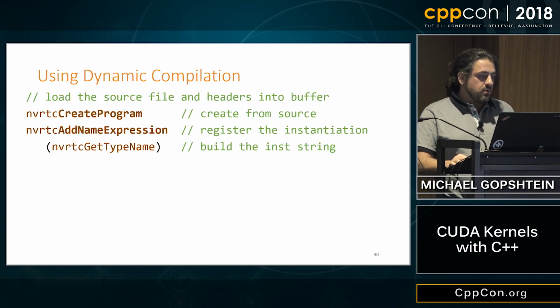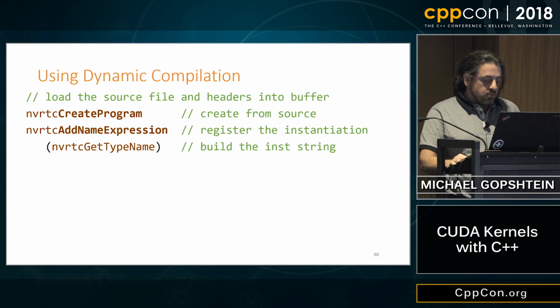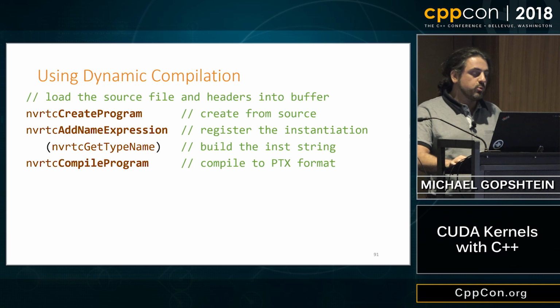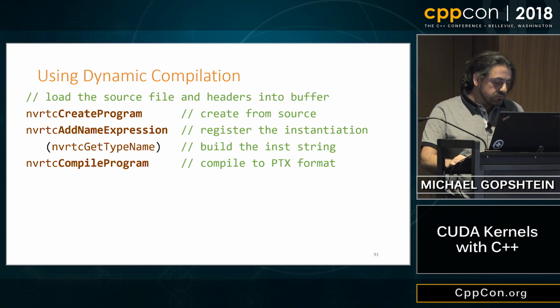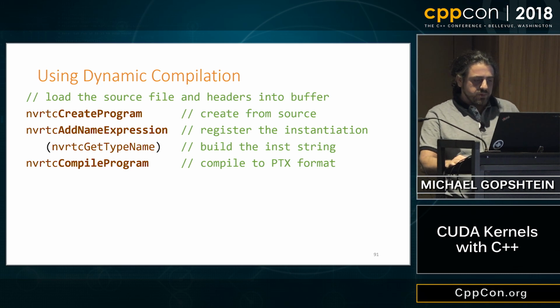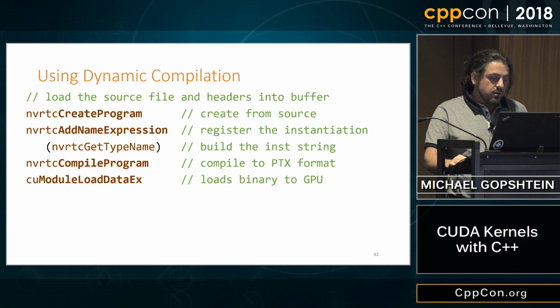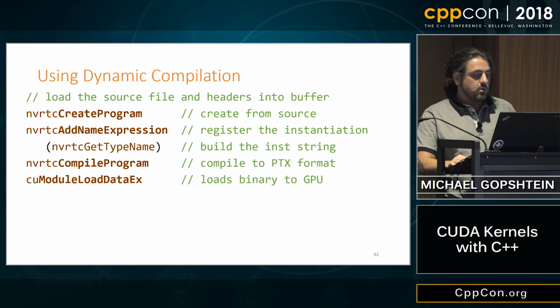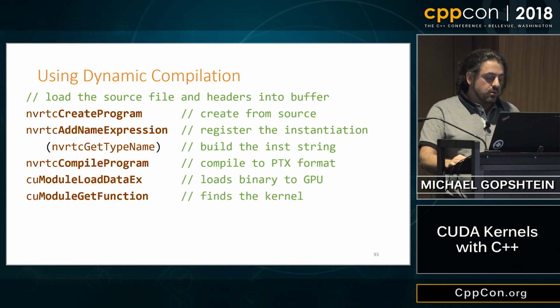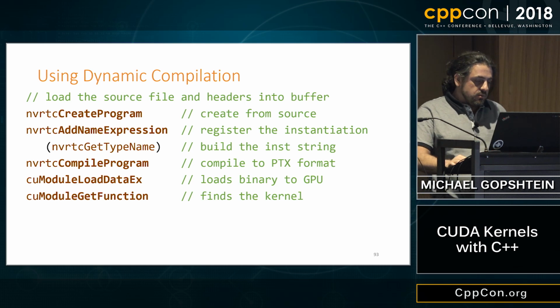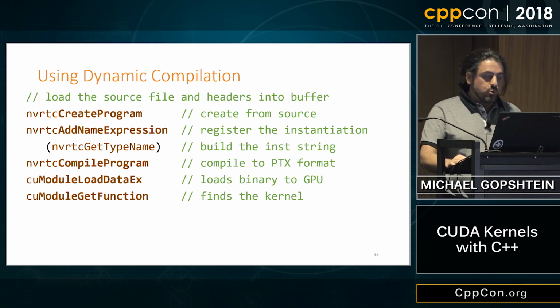Okay, so now we have all the template functions registered, and we can go on and compile the program. The output of the compilation is basically a buffer of the binary code in CUDA's internal PTX format. So next, we should load these bits to the GPU, and we need to find the function inside the binary which we need to invoke.